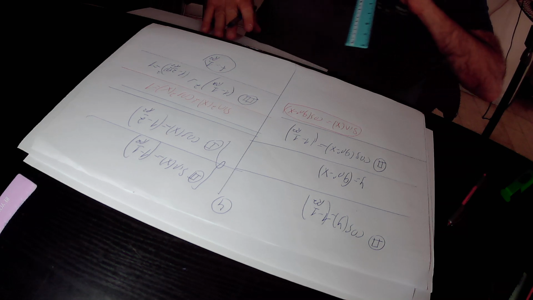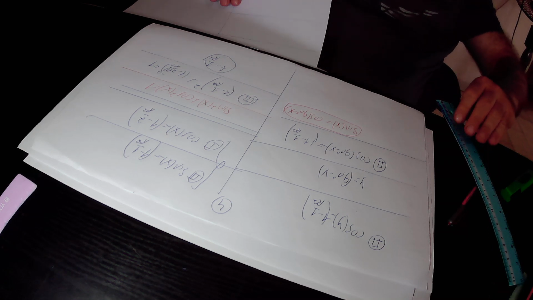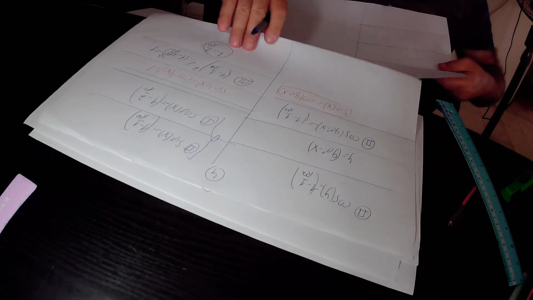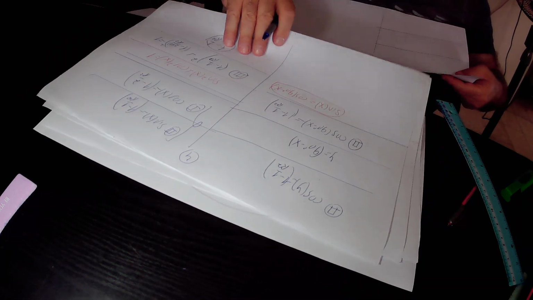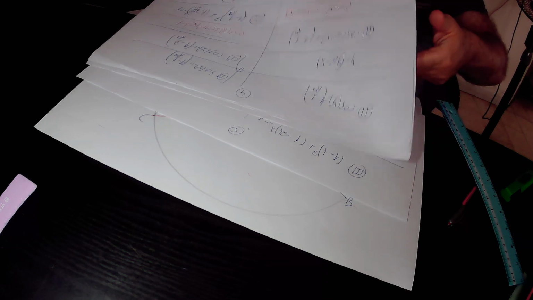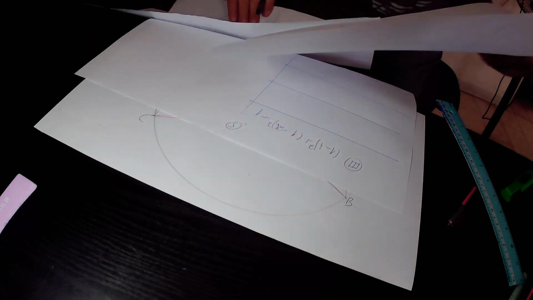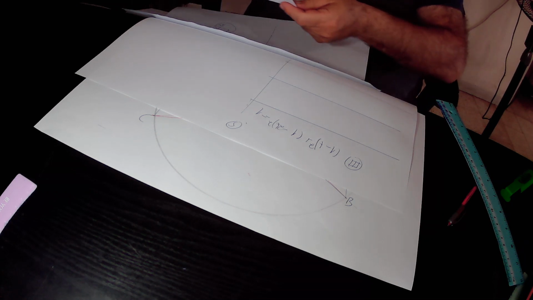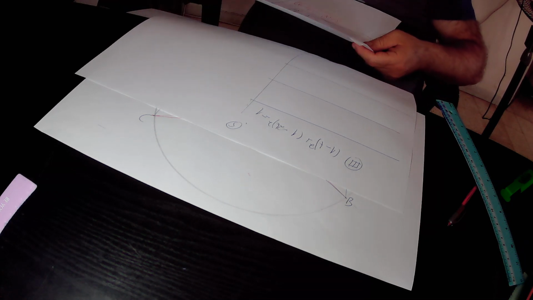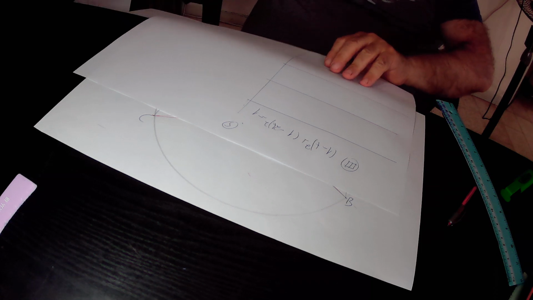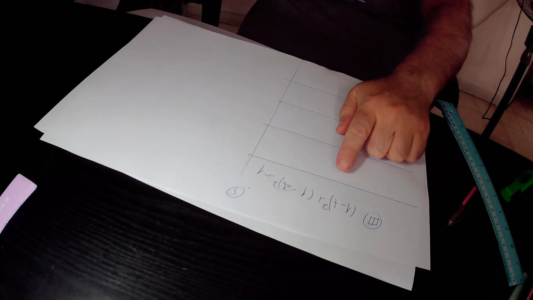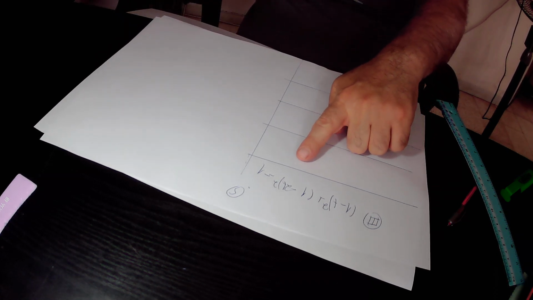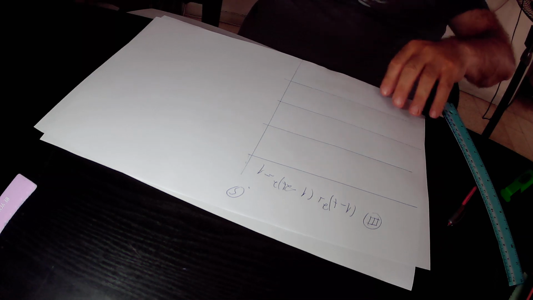So in total we find that according to equation 3, 1 minus t squared plus 1 minus 2t squared equals 1.